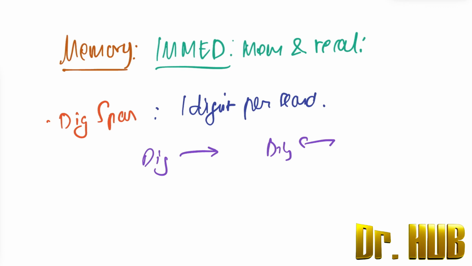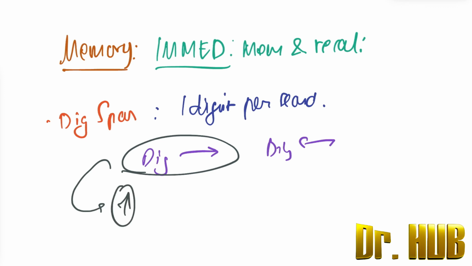Digit forward is a reproduction of increasingly longer digits. Here the examiner says, say 2, 4, 8, and the person has to repeat in the same order.